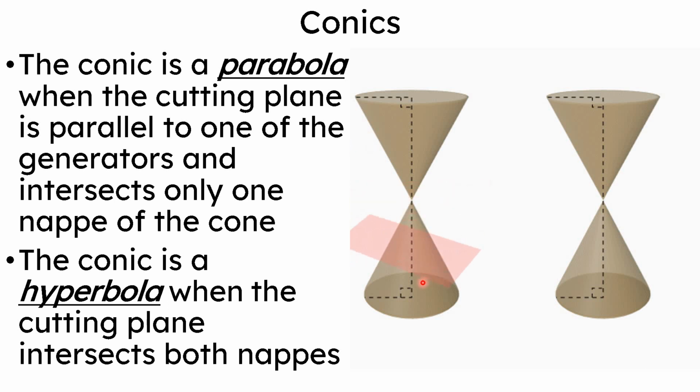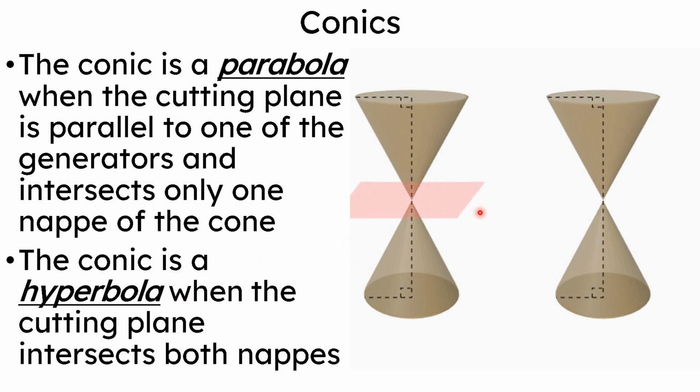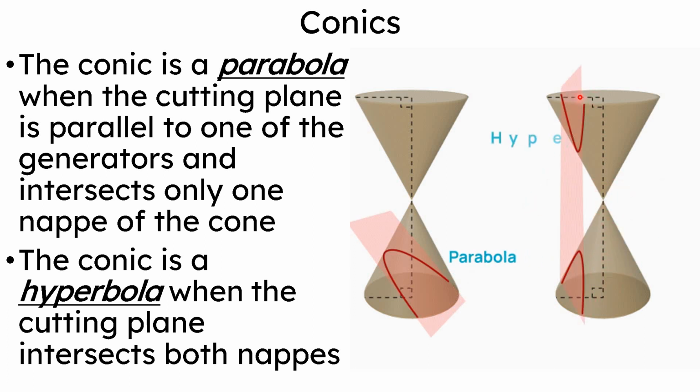Let's wait for the GIF. Ayan. This one here is a parabola, only parallel to one of the generators and it intersects only one of the nappes. If the cutting plane intersects both of the nappes, just like this, then it's called a hyperbola. Only one, it's called a parabola.